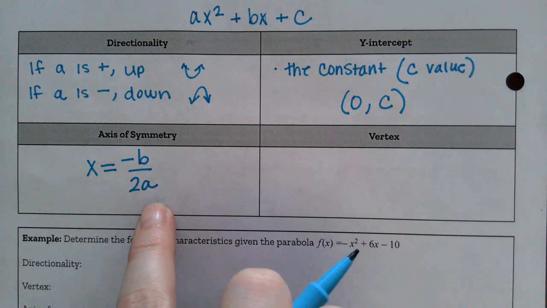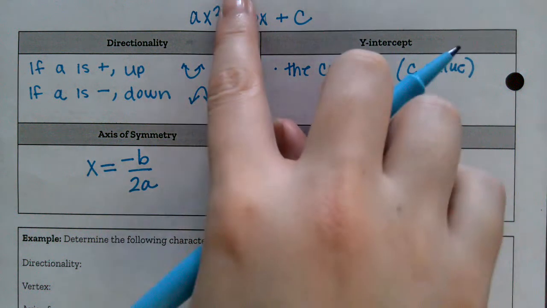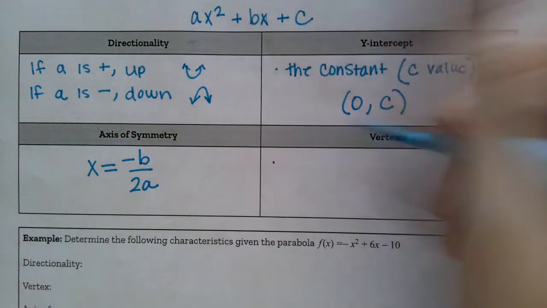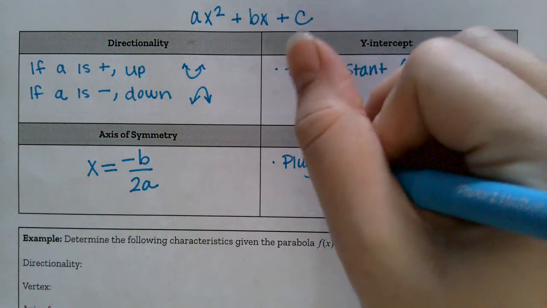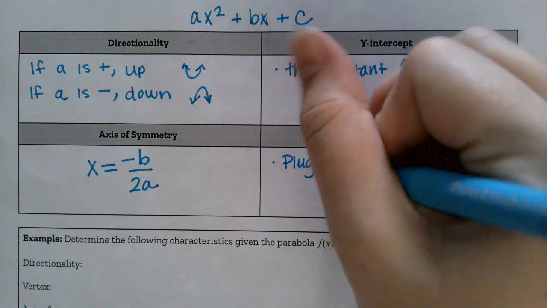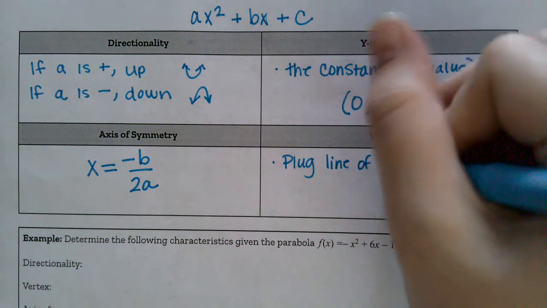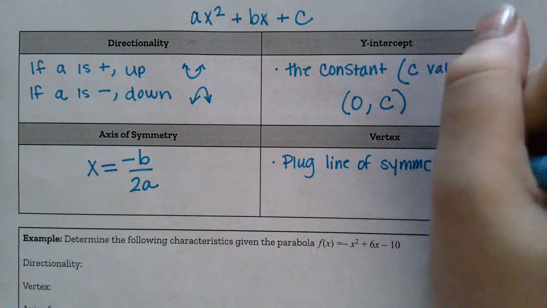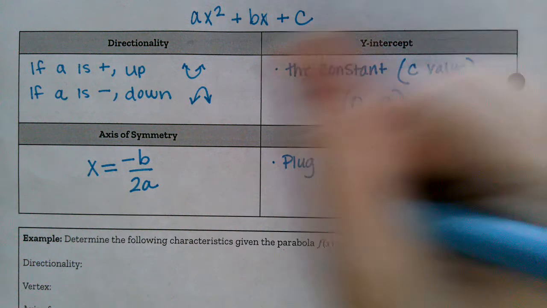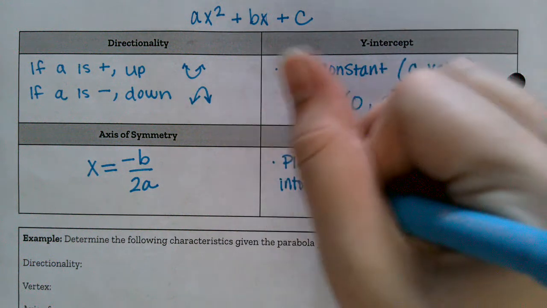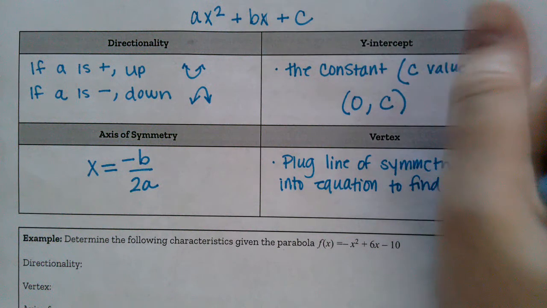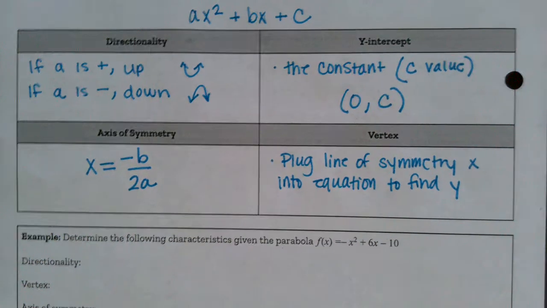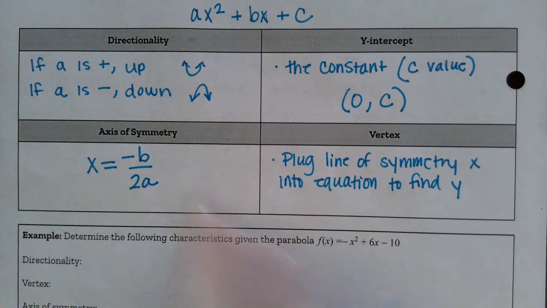All we need to do is find our y by plugging this x back in. So we are going to plug the line of symmetry x into the equation to find y. So pause this if you need any more of this written, but let's go through an example.